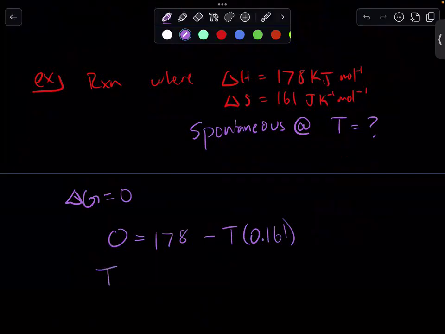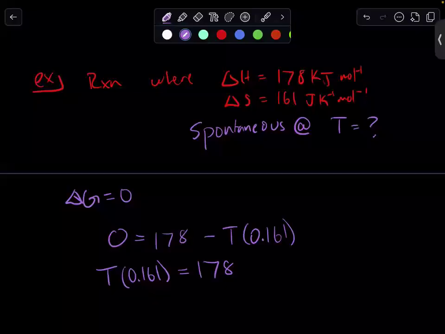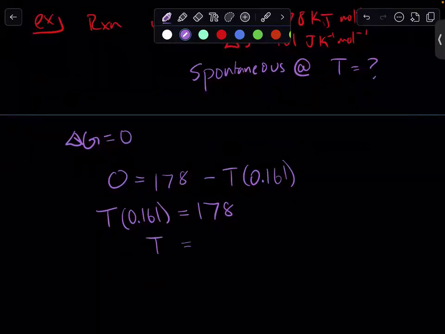Therefore, T times 0.161 equals 178 with a little bit of moving around here. All we have to do is plug this value into our calculator. And when we do that, we solve for T and find that the temperature this becomes spontaneous at is 1,110, accounting for sig figs, Kelvin.